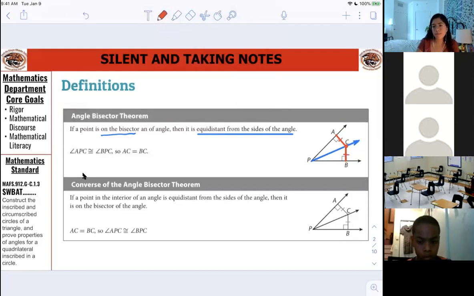When I connect point C with PA and PB, what type of angle is created? Look at the diagram. What kind of angle is created when I connect point C with the A and with the B?